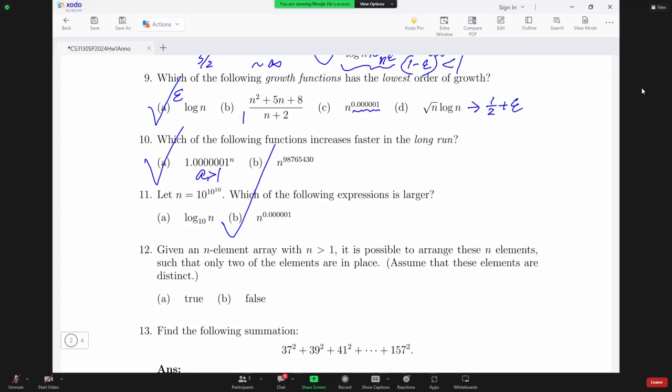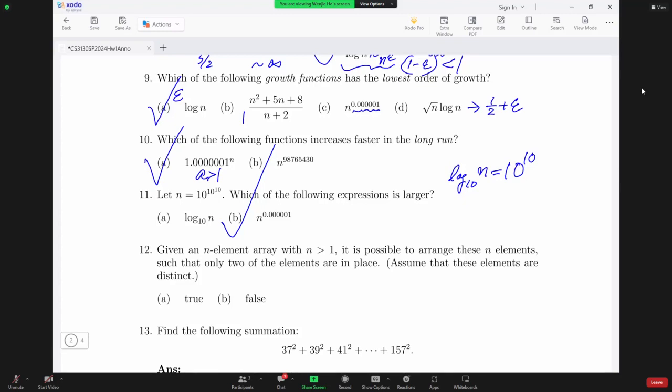Let me do the calculation quickly. For A, log base 10 of n, that's easy because our base is 10. So we remove the base and only keep the exponent part. That's 10 to the 10th. You just remove the log base 10 by taking the log base 10.